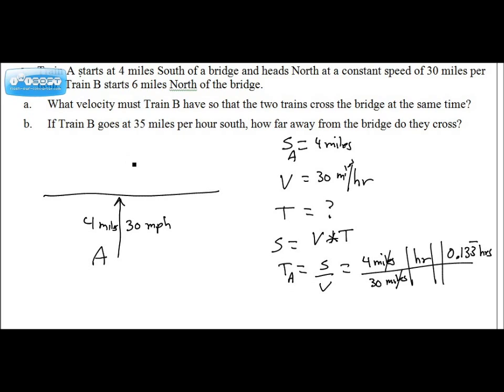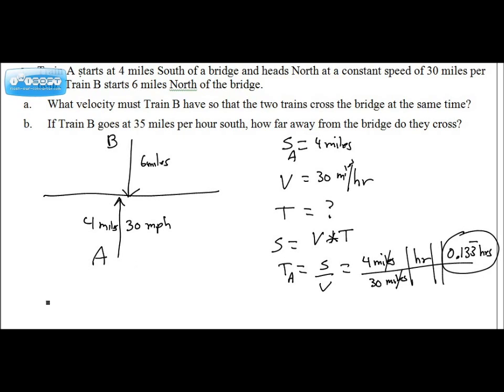Now let's look at B. B is up here somewhere, and it is 6 miles away. So it has to travel a longer distance in the same amount of time. Remember, the same location at the same time, so my times are the same. I know my time is 0.133 hours.